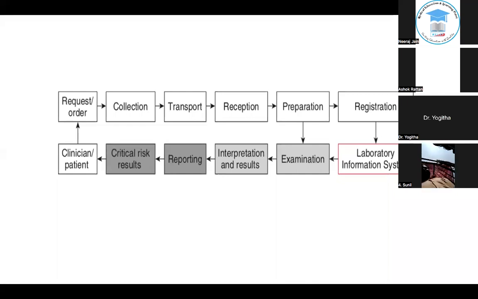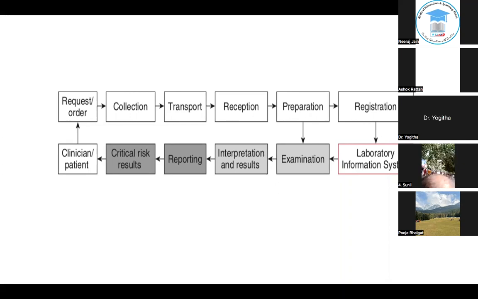Then these are registered in the respective sections in the LIS, and tests are performed. These are interpreted with the clinical findings and control results, and then the report is generated. If there is any critical result which requires immediate therapeutic intervention, this is informed to the clinician or patient immediately. And these activities are being performed in every laboratory.